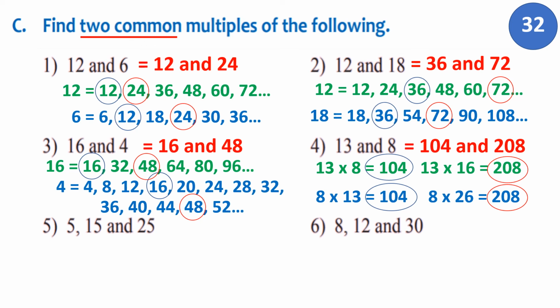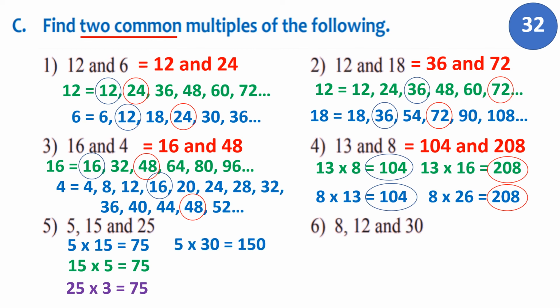Next is number 5. You find the two common multiples of 5, 15, and 25. The three numbers. For 5, you can say 5 times 15 is 75. 15 times 5 is 75. 25 times 3 is 75. The first common multiple is 75.